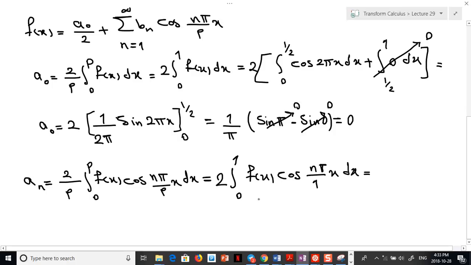Again, I have to split the integral into two integrals. So it's equal to 2 times the integral from 0 to half of cosine 2 pi x, which is the function, times cosine n pi x dx. So we have to find this integral.